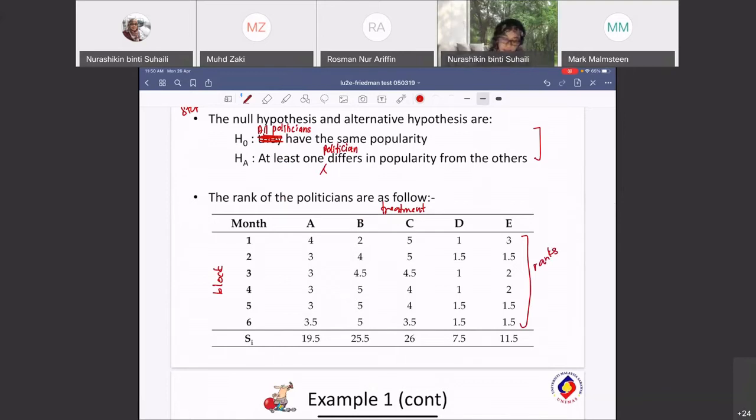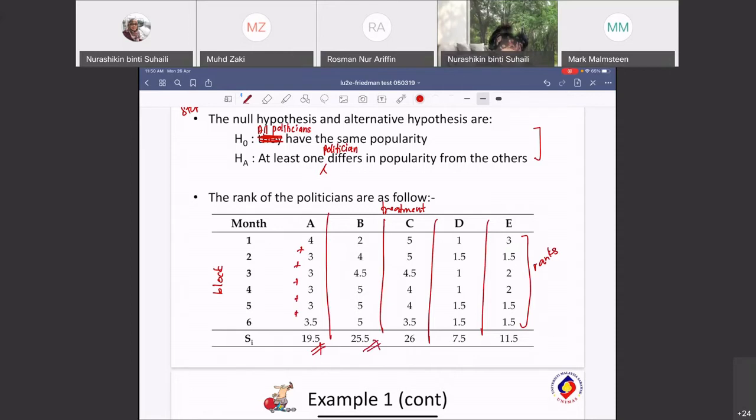And step 3 is to calculate the sum of the ranks. It's not the sum of data. Please be careful. What you have to sum up is the sum of the ranks. Let's say this is the ranks, and this is treatment. Each of these columns is a treatment. So the sum of the ranks within the treatment means you have to sum up 4 plus 3 plus 3 plus 3 plus 3 plus 3.5, which is equal to 19.5.